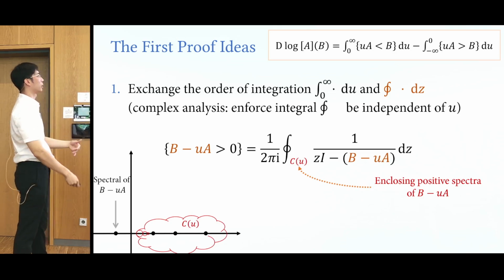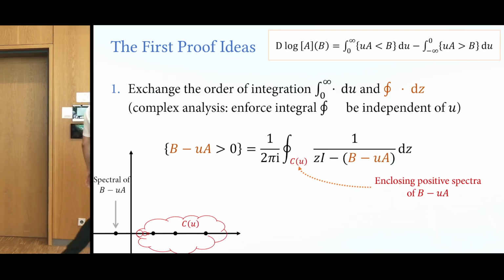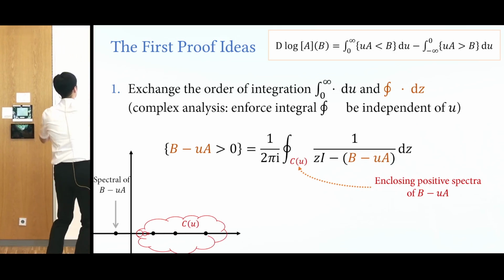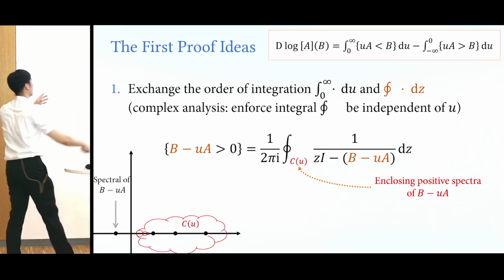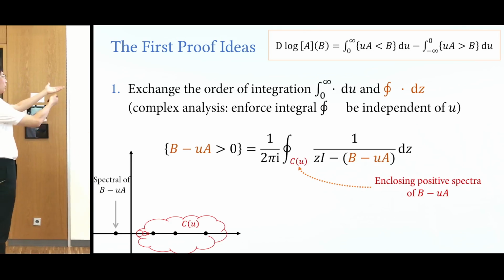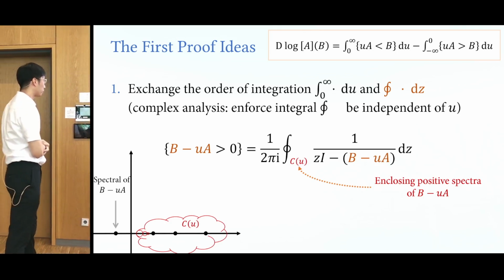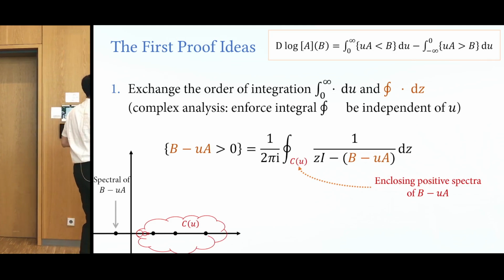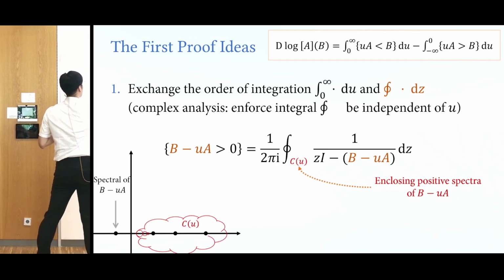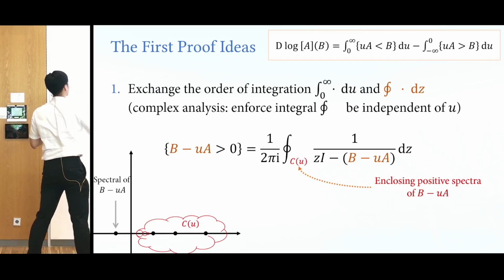Then you can use complex analysis to see this. And this integral is an overall simple contour enclosing the positive spectrum of B minus uA. So we can have this formula. Basically, it's not hard. Okay? And why we want to use complex analysis is because this integration region depends on the parameter u, and that's not nice.